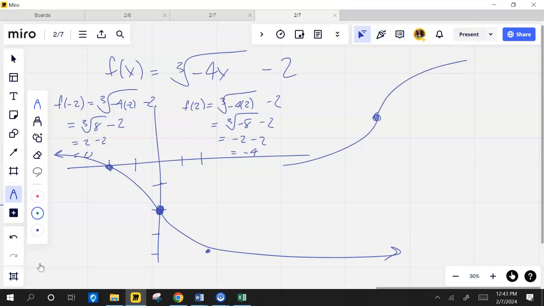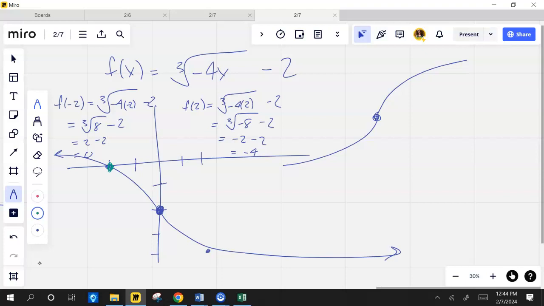Domain and range on this one. Negative infinity to infinity. That's exactly right. X-intercepts. How do you know? The point crosses on the X. I could have used the calculator to calculate the 0. I could have put a 0 in for Y and solved it. It doesn't matter, however you want to do it.